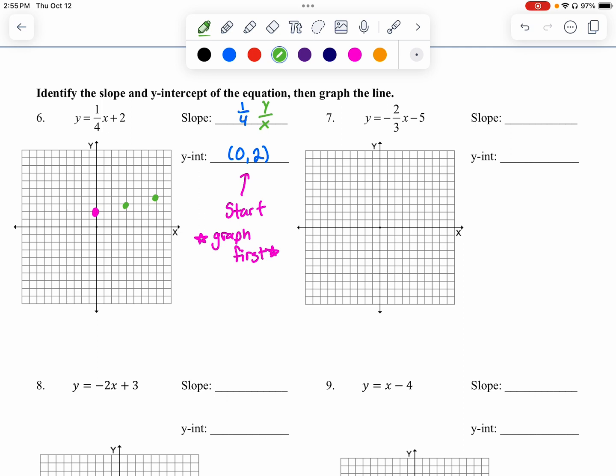To continue that pattern, I could also go down and then to the left 4. So 1, 2, 3, 4. And then I could do it again, down 1, 1, 2, 3, 4. And those points are all on this line. They have a slope of 1/4. So if I went to the leftmost point, I would be going up 1 over 4 to get from point to point. So once you have at least 3 points, you're going to draw a line through them.